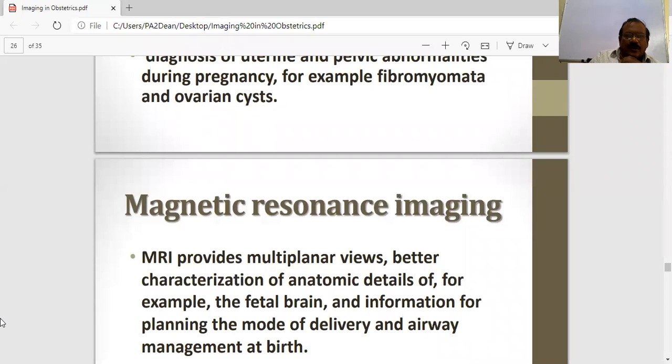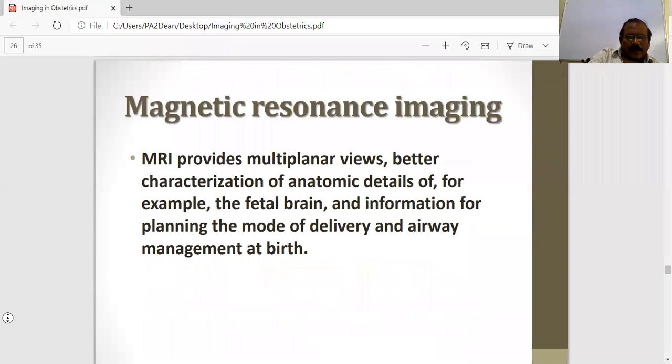MRI provides multi-planar views, better characterization of amniotic details with anatomic details of, for example, the fetal brain, and information for planning the mode of delivery and airway management at birth.